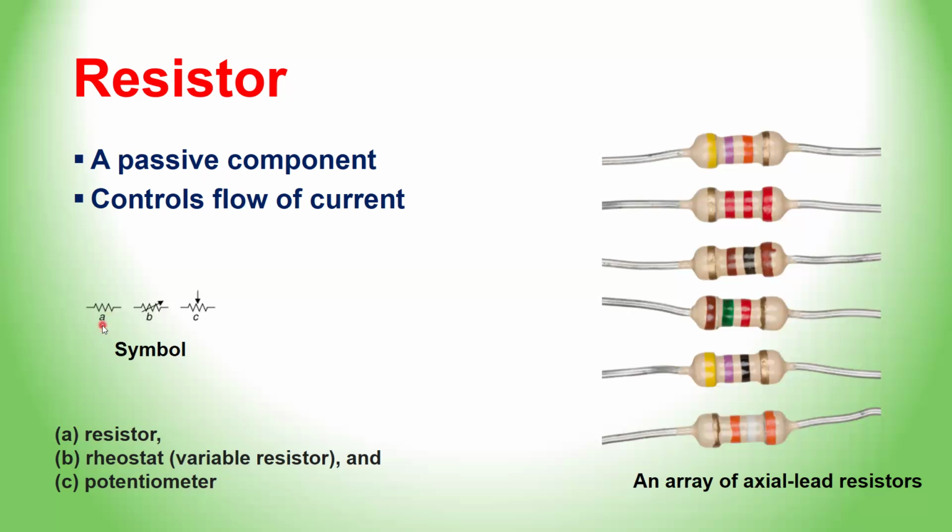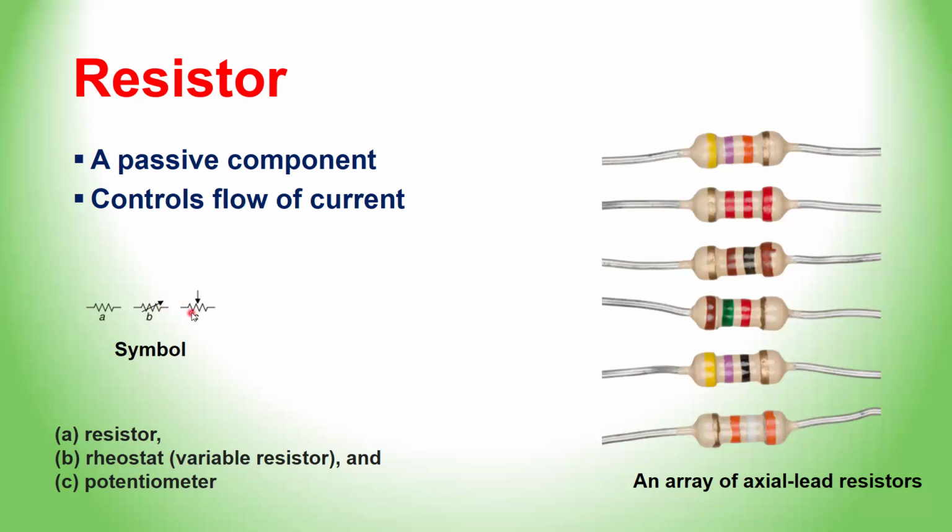Here are different symbols, number A, number B, and number C. For number A, you see that this is a simple resistor symbol. If you have a resistor whose value can be changed, it is called a variable resistor, indicated by B. Such a resistance is called a rheostat, or in brackets, variable resistor.